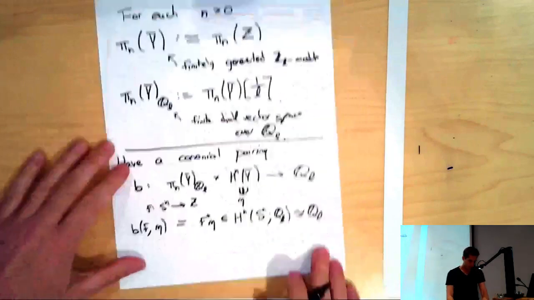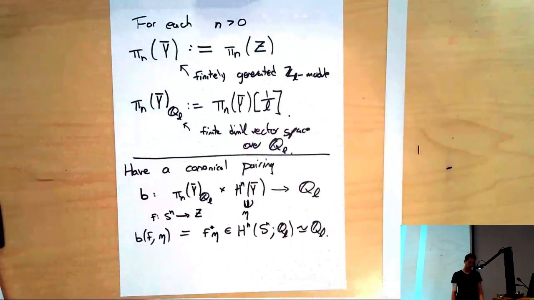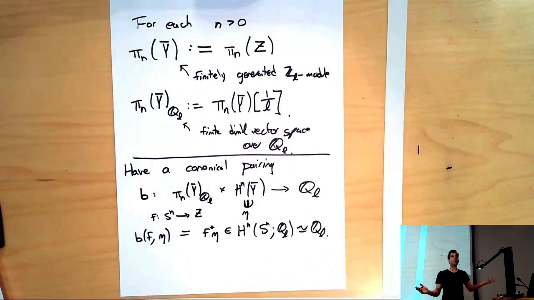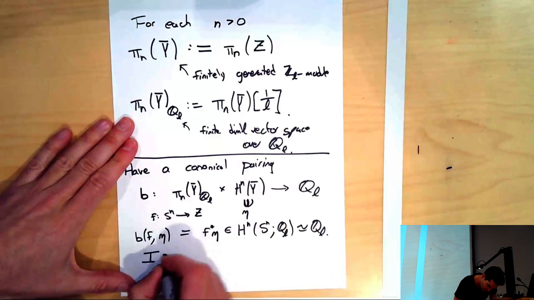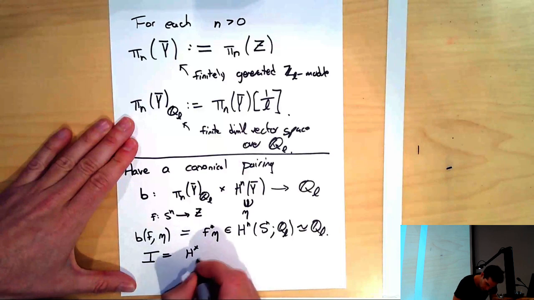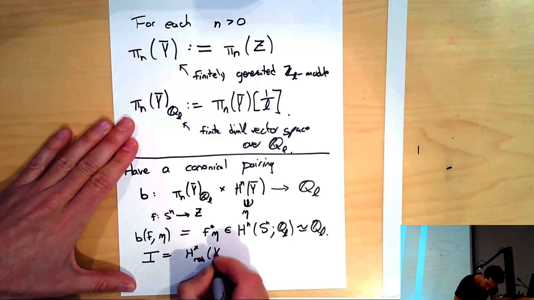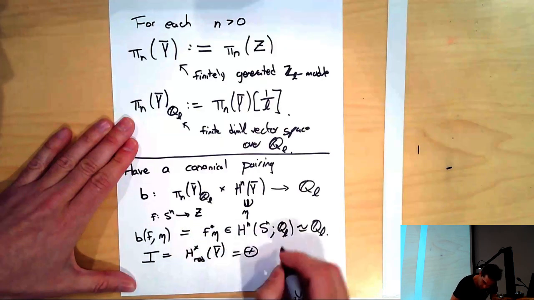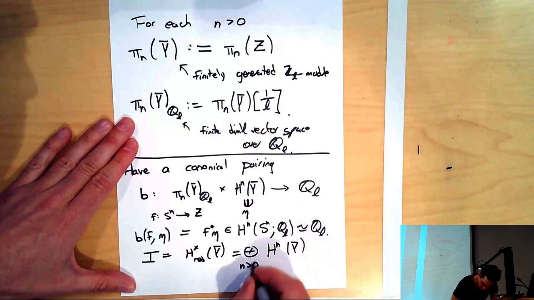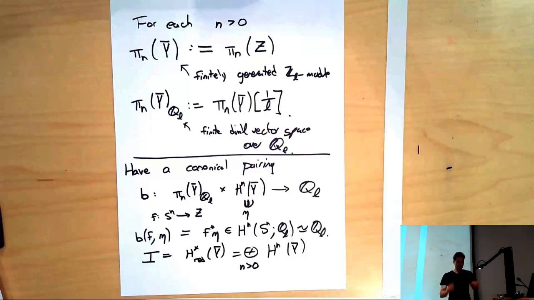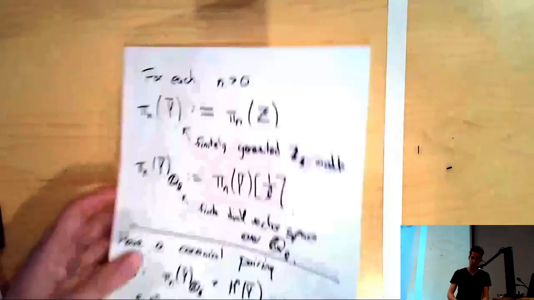Okay, so what can I say about this pairing? Well, first, this pairing is only interesting when n is greater than 0, because in degree 0, there's no homotopy group of y. So let I be the reduced cohomology of y bar. This just means the sum of Hn of y bar where n is greater than 0. I want to think of this as an ideal sitting inside the entire cohomology ring of y bar.